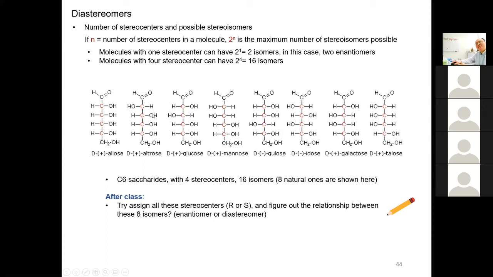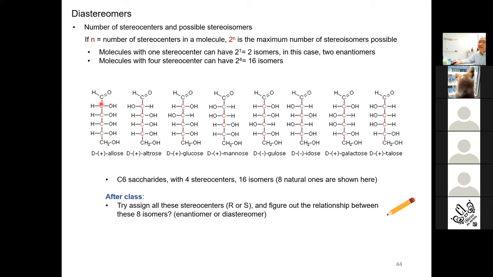It is very interesting that the natural world only provides 8 of these sugar isomers, which are listed here, for example D-glucose and D-mannose. So the 8 natural ones are shown here. After class, you may spend some time trying to assign all these stereocenters. Each of them has 4 stereocenters, right?